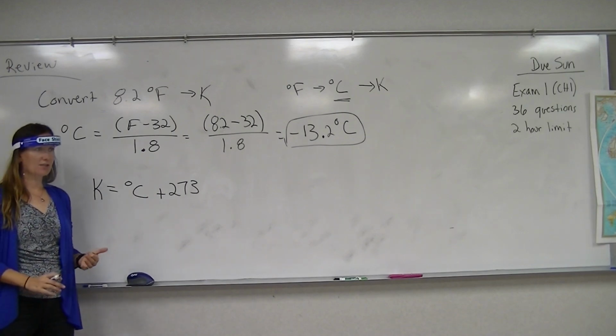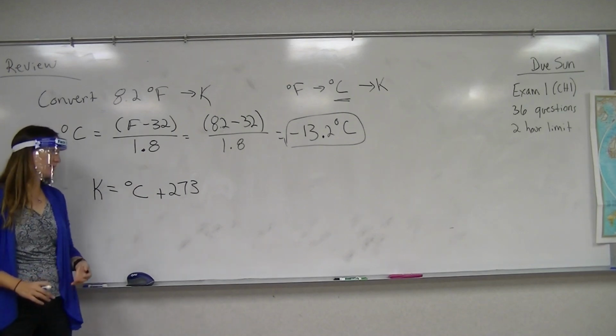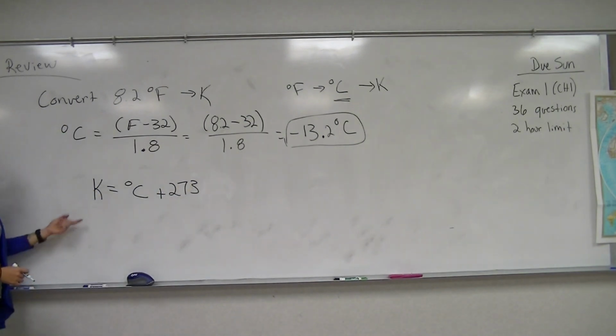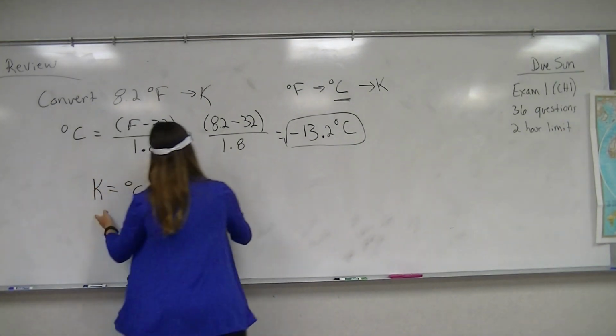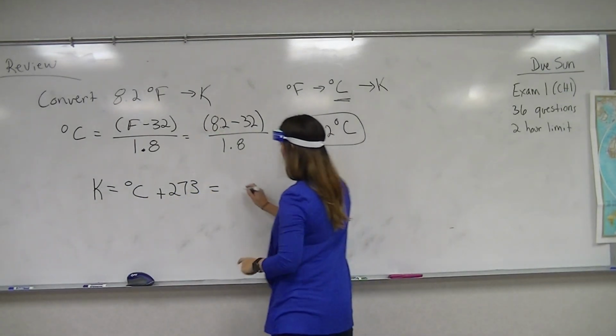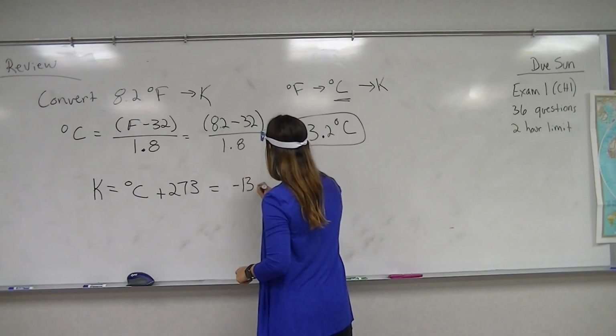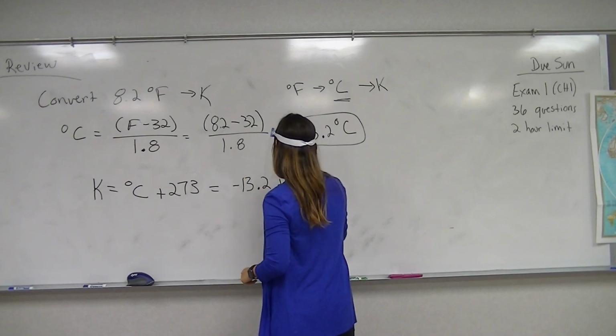It's not going to change your answer because once you round to the correct sig figs, that 0.15 is going to be obsolete anyway. So looking at this equation, we're going to plug in, make sure to keep the negative sign, bring that down. So negative 13.2, and we're going to add 273 to that.